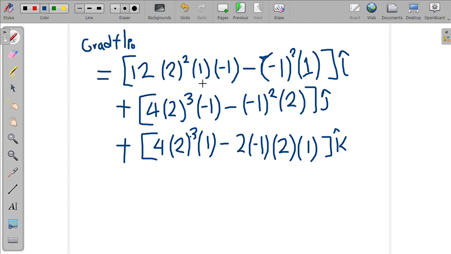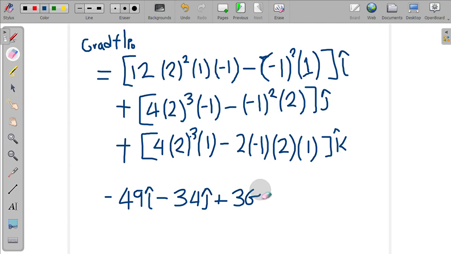After this, we're going to do the multiplication and calculate all the components in the square brackets. And right here, we're going to get -49i, then minus 34j, plus 36k.